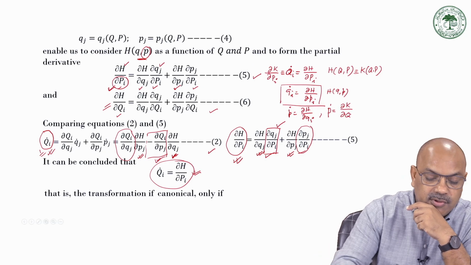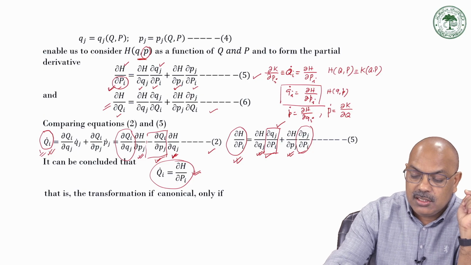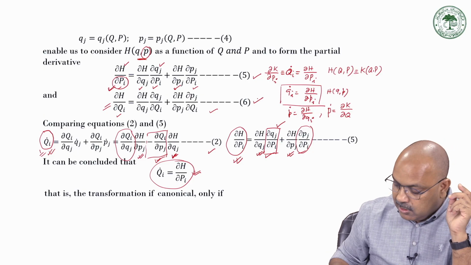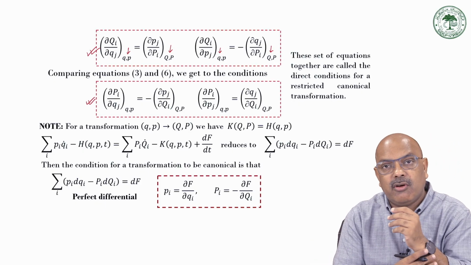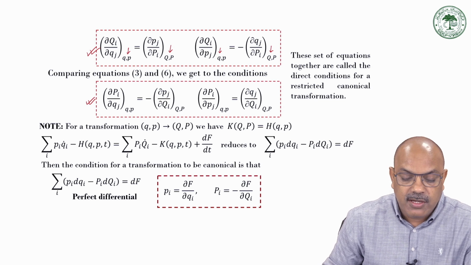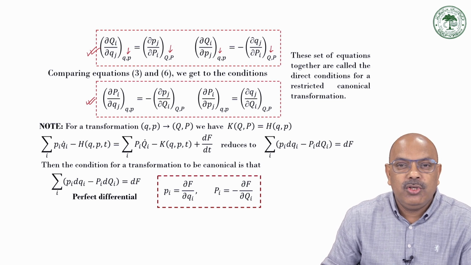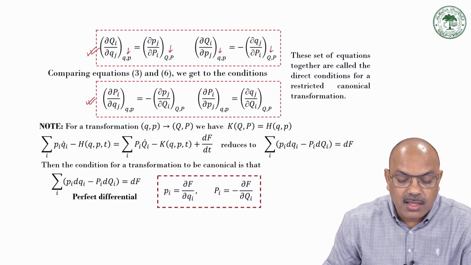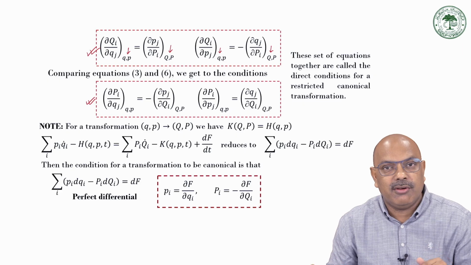Okay, so as we demanded for q dot and capital Q dot, we can compare these two, and then we get another two sets of corresponding partial differentials which have to be equal. So if this set of equations together is valid, then that set of transformation is going to be the canonical transformation.